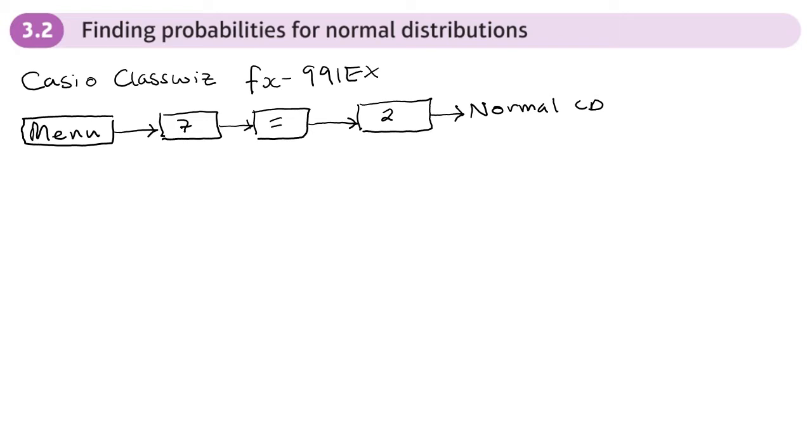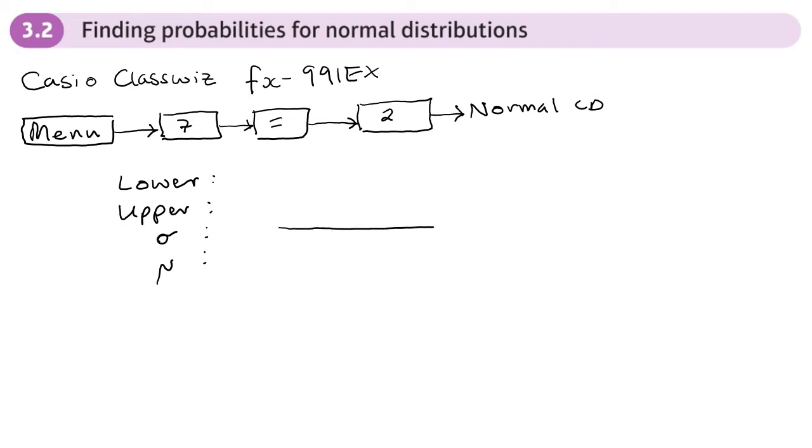Now if I press that and go into that menu, you'll be presented with some options. It will say lower, and it's waiting for you to type a number in. Upper, it wants you to type a number in, and then it will have the standard deviation, it's waiting for a value for that, and the mean. Yeah, so those are the values it's looking for.